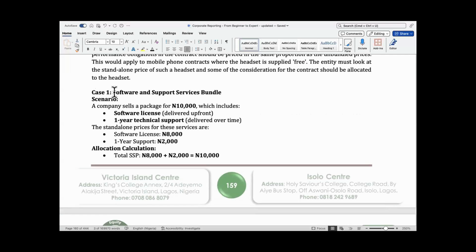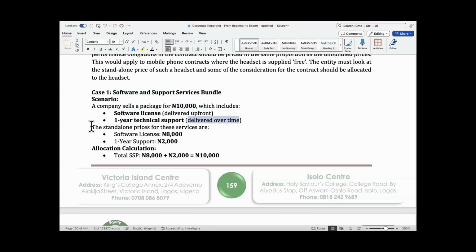This company offered software and support services bundled. So a company sells a package for 10,000 naira. And this package includes software and 1 year technical support. The software is delivered immediately. The 1 year technical support is delivered over time since it's a 1 year technical support.